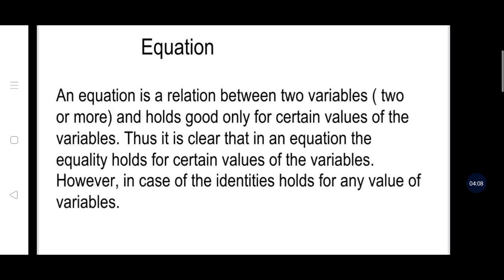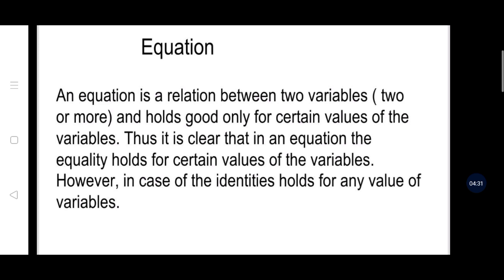And what are the variables? Literal numbers, or algebraic numbers representing the unknown quantities in an algebraic expression, are called variables. A variable can take any value. It is generally denoted by a symbol or sign.